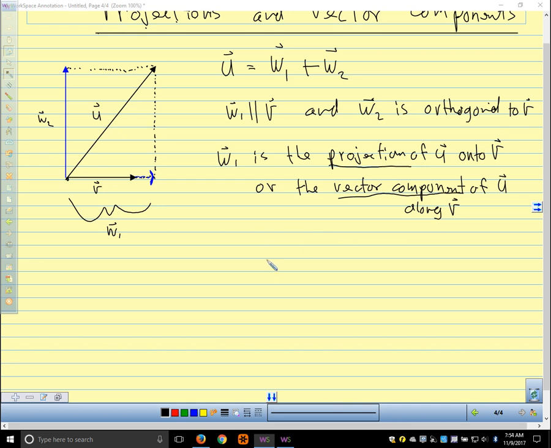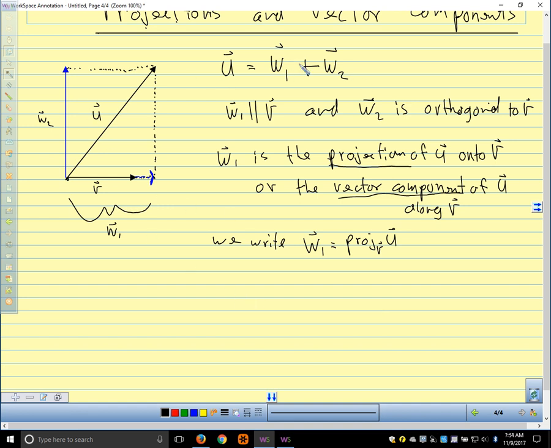And the notation is kind of strange. We say that W1 equals the projection onto v of u. So projection onto v of u. The subscript is the vector that we're projecting onto.